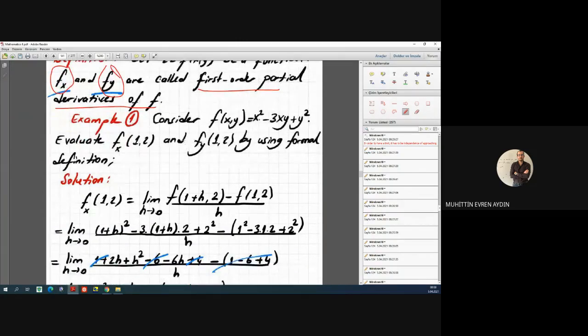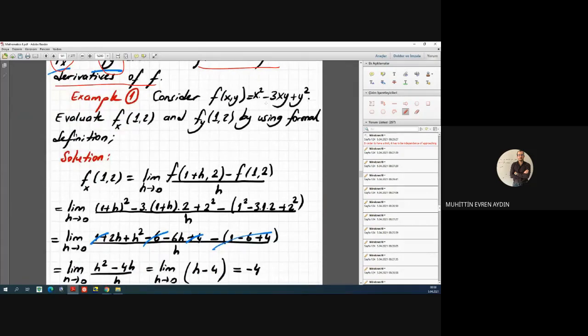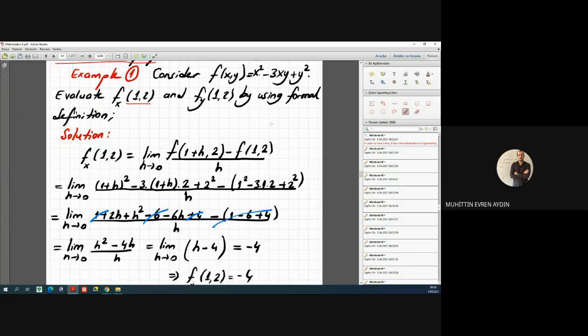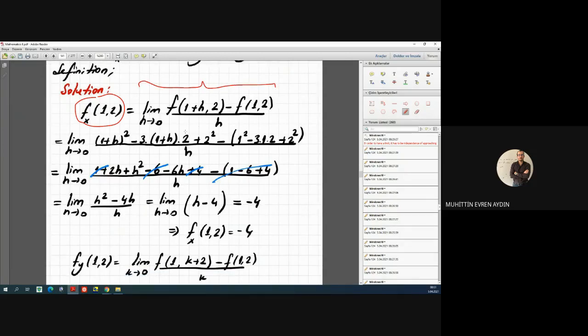An example. Consider the function x squared minus 2xy plus y squared and find these derivatives at the point (1, 2). If you want to find these partial derivatives, at the moment you have to solve these limits, which is simple.